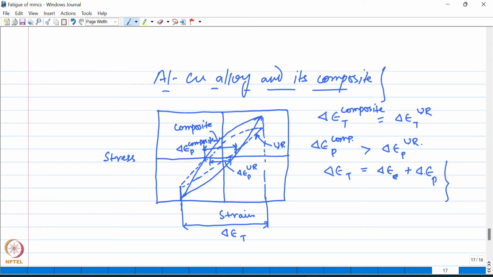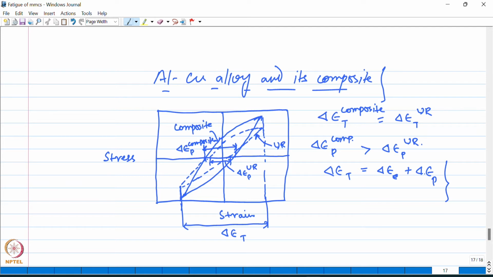So that's what you see over here also in the stress strain loops. And similar to the mean strain effects that you see under constant stress conditions, mean stresses may also develop under constant strain controlled conditions.